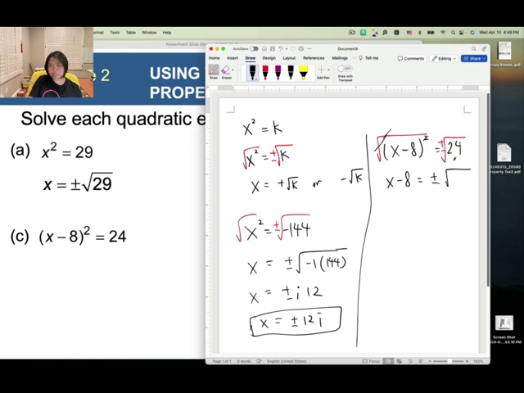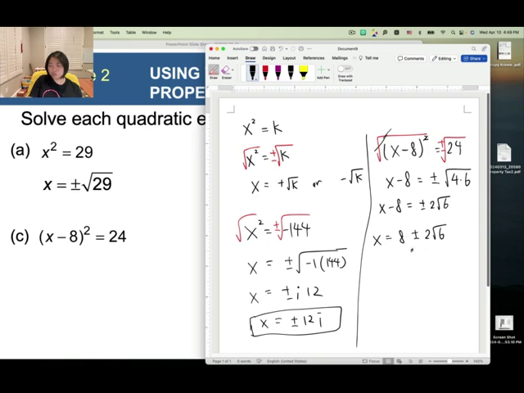How can you break it down? I could do 4 times 6. So x minus 3 equals plus minus the square root of 4 times the square root of 6. The square root of 4 is 2. Then we add 3 to both sides, so x equals 3 plus minus 2 square root of 6.